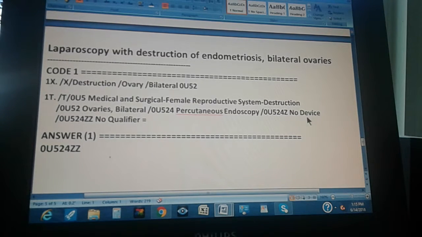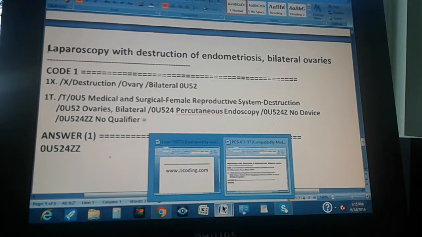And the next is also a Z because no qualifier. We don't need an additional qualifier to identify this procedure. Okay, so that's why we have the equal sign. That means that we have double-checked that this is the code. So the answer is 0U524ZZ. If you got that, congratulations.